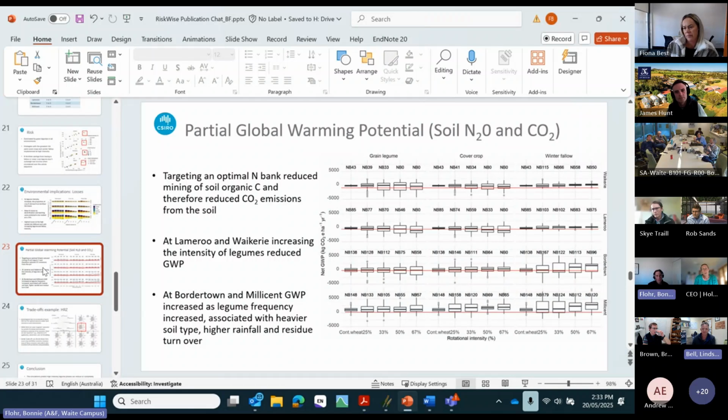I wonder if it would say a similar trend to what we've found, though. Yeah, I think it would still say the same thing. So in low rainfall environments, increasing legume intensity reduced the potential global warming potential, but in wetter environments with higher turnover of residues and everything, the global warming potential was higher with more legumes.